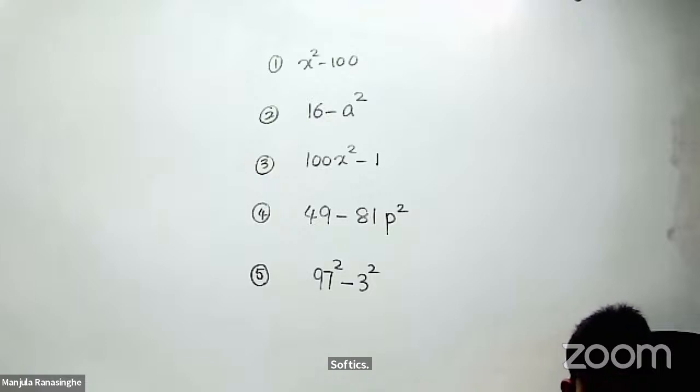Here we have to have two squares, right? And a difference should be there.